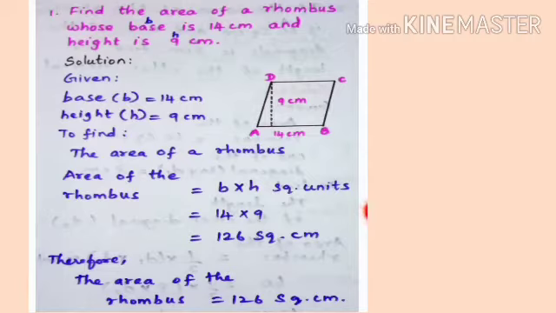And the second one is when the diagonals of a rhombus D1 and D2 are given, the area of the rhombus is half into D1 into D2 square units. Here we are using B into H square units because the base and height are given.